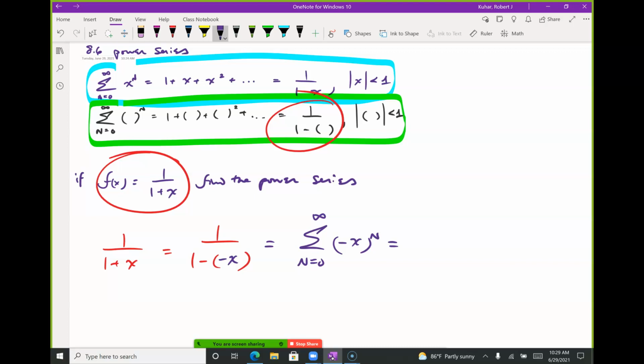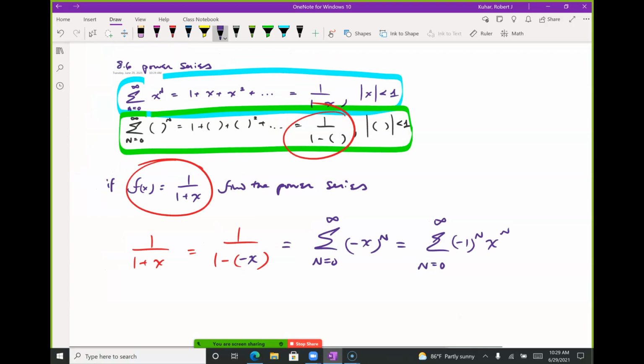I'd like the x terms to stand alone all the time. So this is now the sum from n equals 0 to infinity of negative 1 to the n times x to the n. And there it is. I've got my coefficients, or my signs, all plus or minus 1s, and my x terms, x to the n.